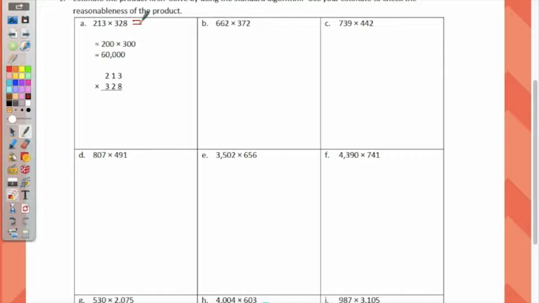So watch me. I would scoot over if I were you, because if you don't scoot over, your problem's going to go off the edge of the paper. So scoot over about 5 and write 213, one number in each column, and 328. And get ready to multiply those together.